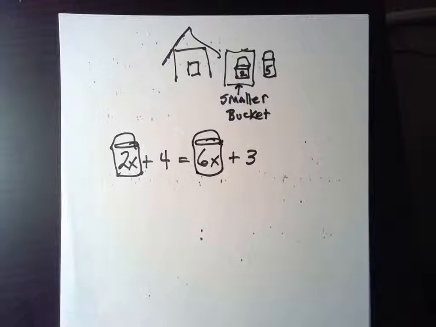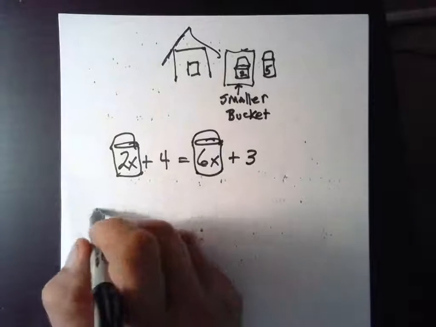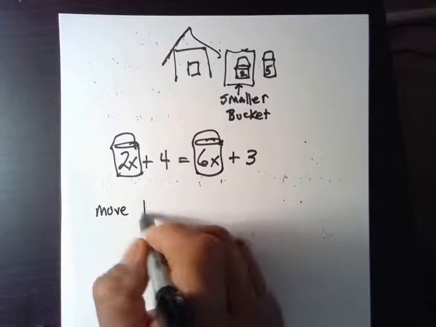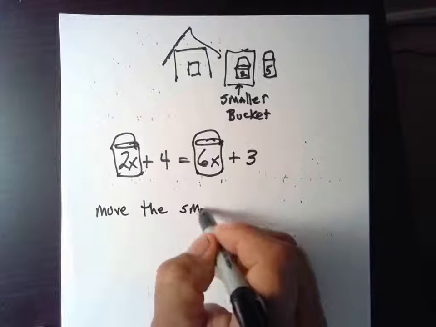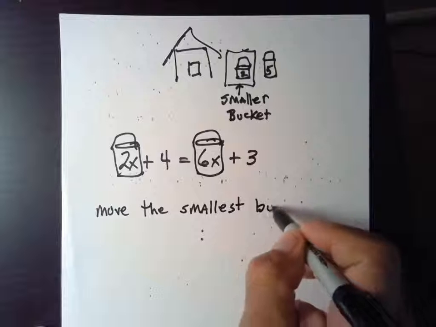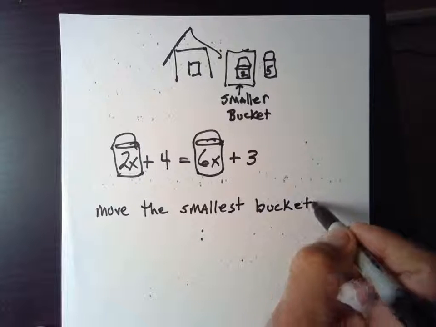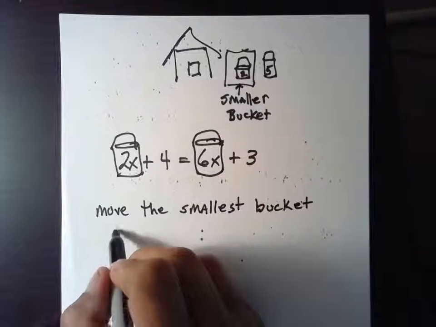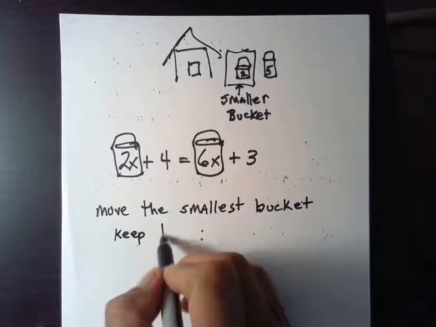Which one's a smaller bucket? Well, the 2x. The 2x is a smaller bucket. So that means you're going to move the smallest bucket. Now, when you move the smallest bucket, what are you doing? You're trying to keep the variable positive.